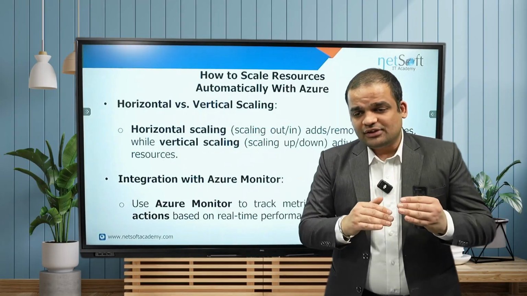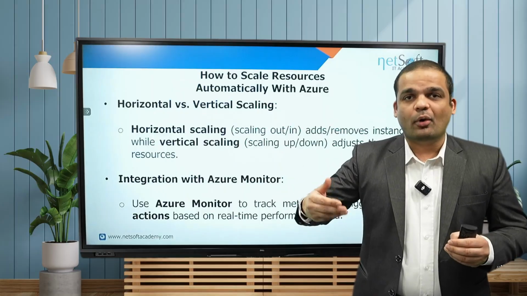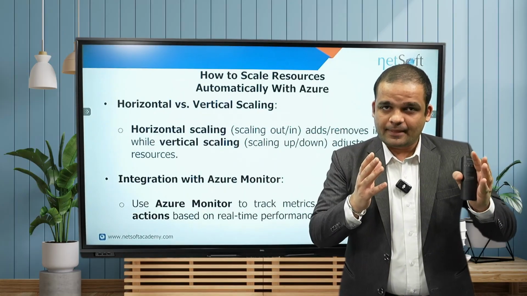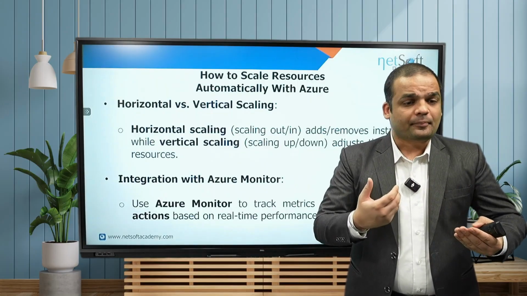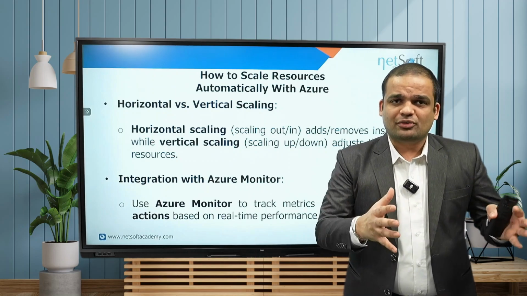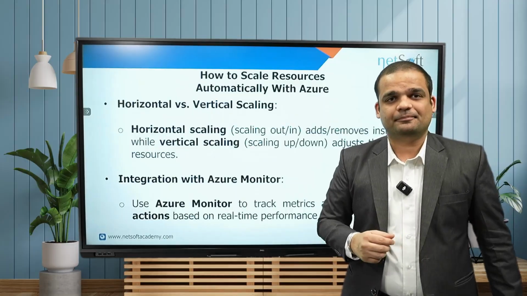Increasing the size means adding more CPU cores or adding more RAM to your machine. This means scaling up. Now, removing the cores, removing extra RAM from your machine, you are trying to make it weaker. Basically, you are scaling down.